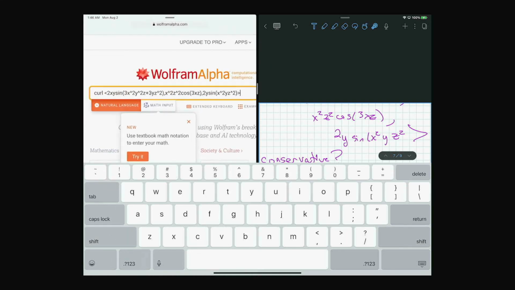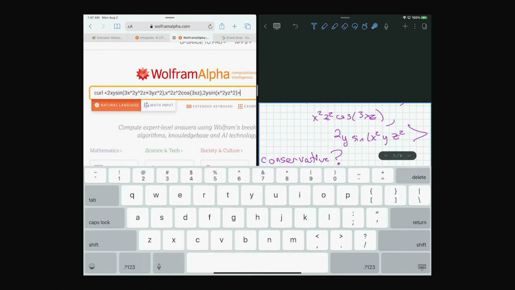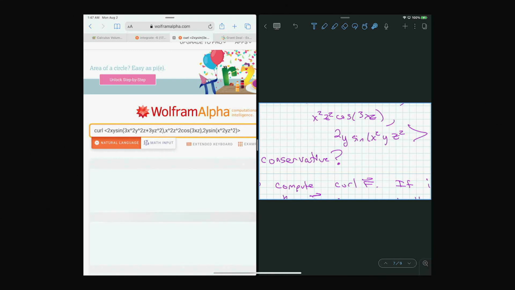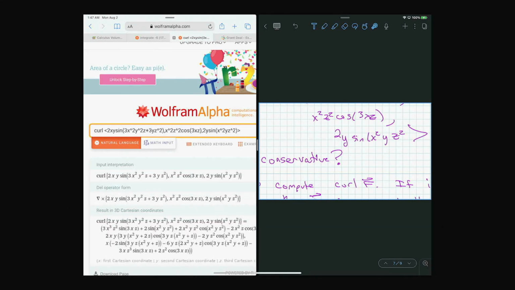All right, so I'm just going to say curl of that vector field, and we're just going to hit enter. Wolfram knows curl. I didn't type this in the way that you normally type vectors into Wolfram, so if it doesn't like it, we'll just retype it. Looks like it understood it pretty well.